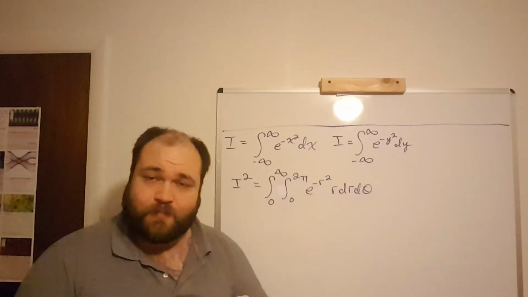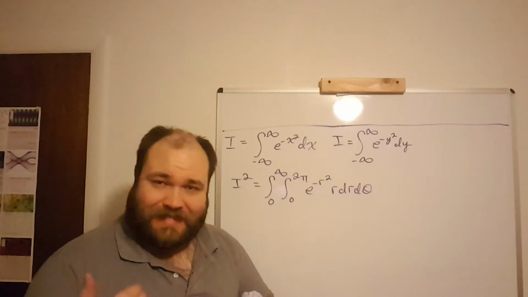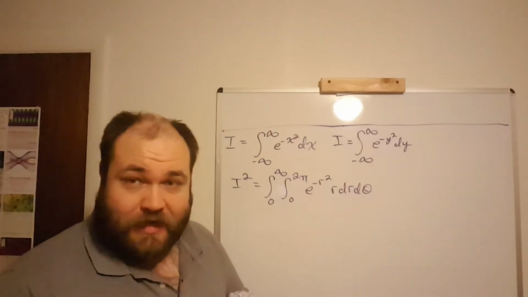So the first thing we're going to do is work on the d theta term first. And from there, all we're going to get is 2 pi.